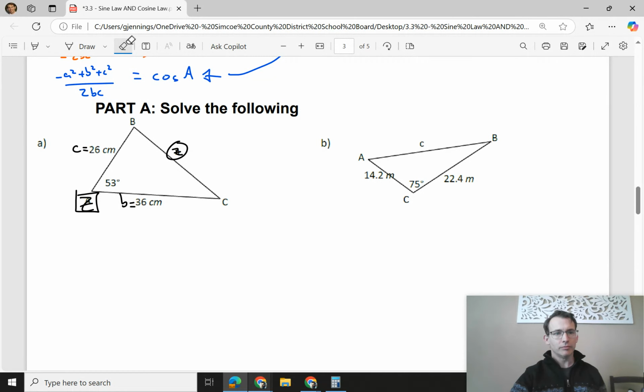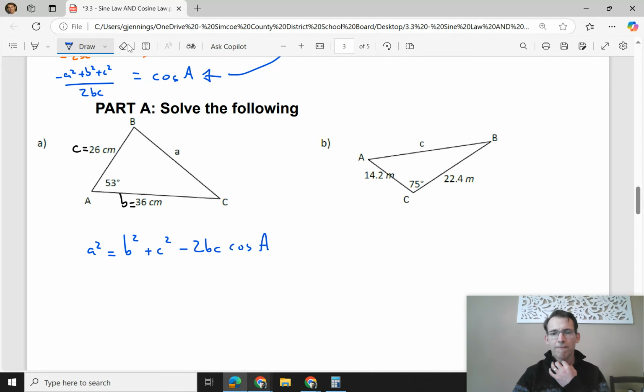So, here we go. We're gonna solve for a here, and we're gonna do that by copying out a squared equals b squared plus c squared minus 2bc cosine of A. Copy the formula out every time. Good idea, right? So now let's sub in.